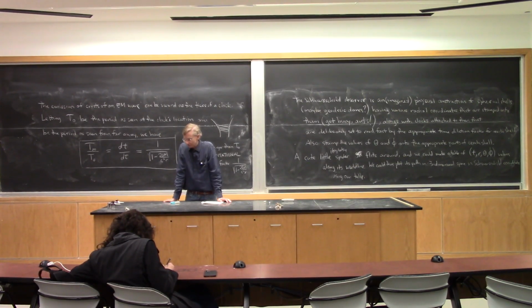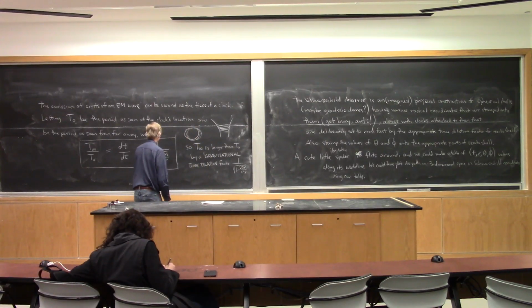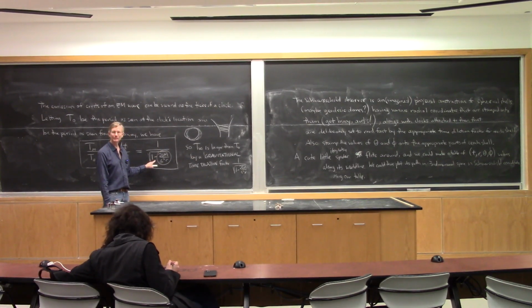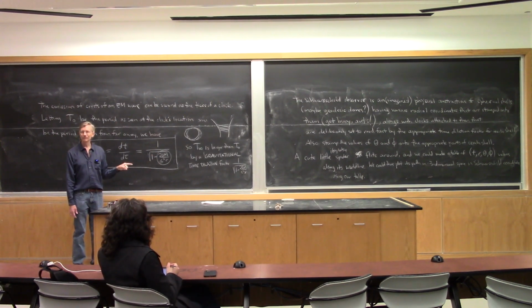So now, just to whet your appetite, what would happen if that were equal to 1? If 2GM over c squared r was equal to 1, what would happen to this? The square root would be 0. So 1 over 0 is what?